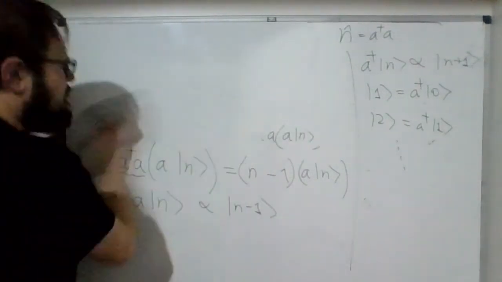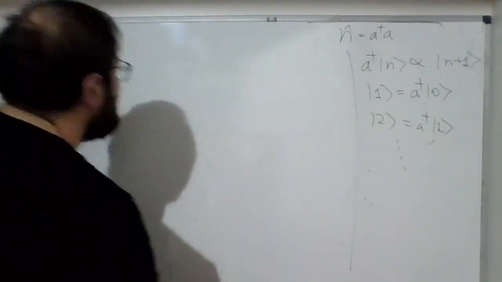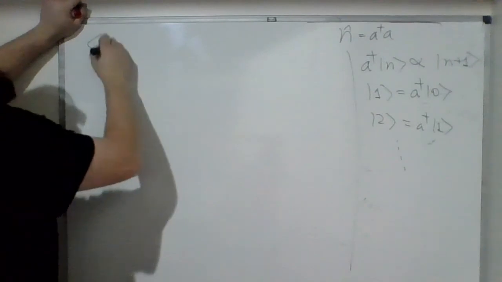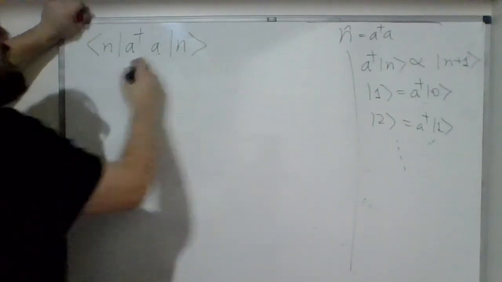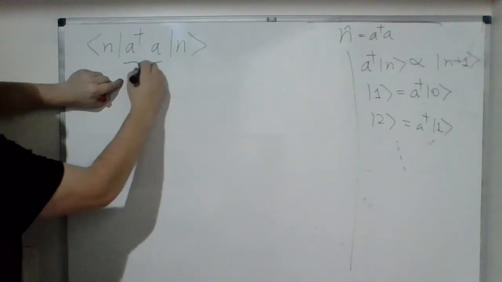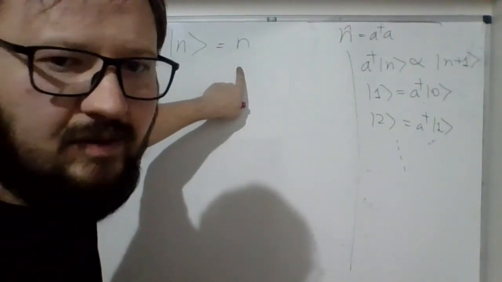To finish with this explanation, just remember that n, a dagger, a, n, this is a number operator. It corresponds to just n, all right?